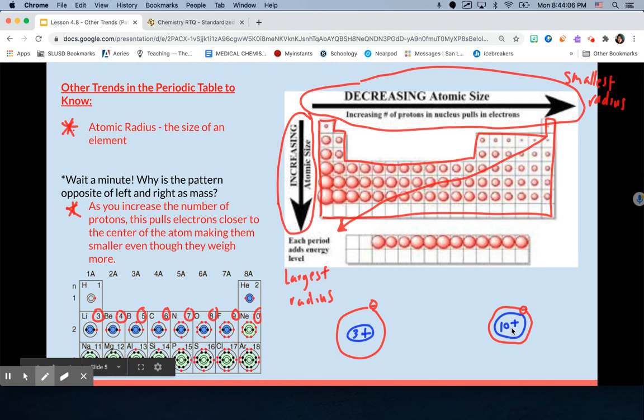So this has more protons, it's pulling the electrons closer to the center, making the size of the atom smaller, or less wide, even though the ones over here weigh more. They're just super cut and built, right? These ones are kind of foofy, and they're a little lighter, a little wider.